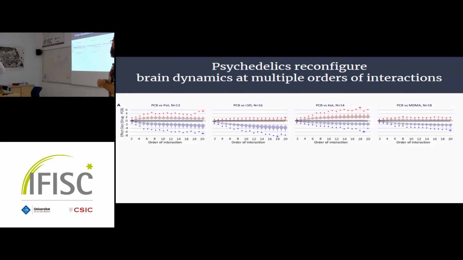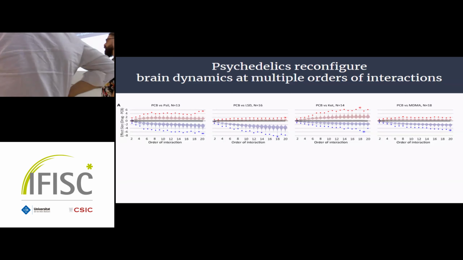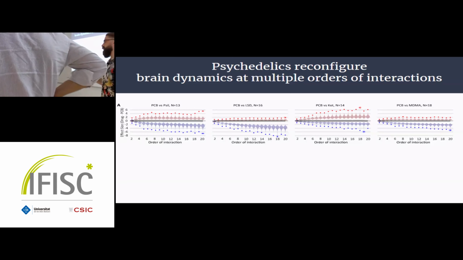Yes. So in the case of fMRI, the sample size for each subject is like 250 points, 300 points. So it's very, very bad. In the case of EEG, you have more points. In the approach that I'm using, the Gaussian copula approach that I showed before, you estimate everything from the covariance matrix.